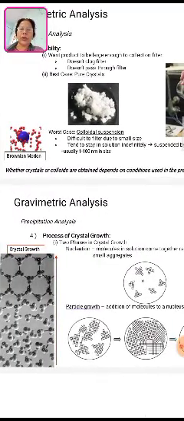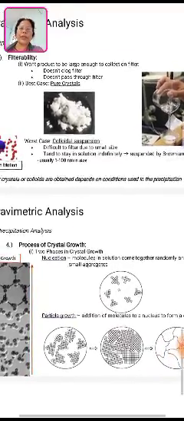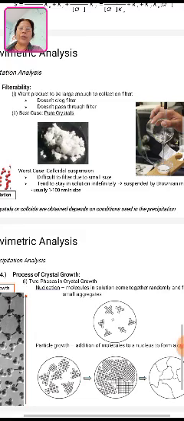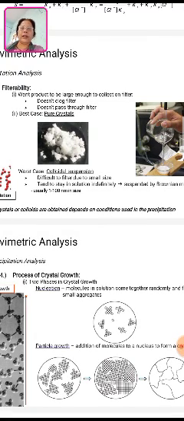Whether crystals or colloid are obtained depends on the conditions used in the precipitation. Therefore, for the formation of a precipitate, this method must be carried out in a very careful manner.